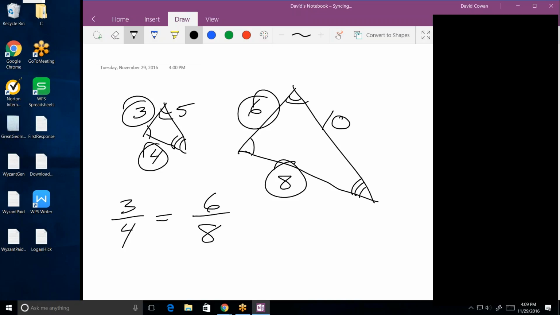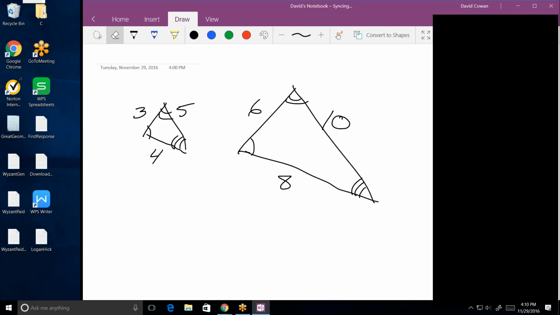Any confusion that exists with similarity usually arises from this property: you can not only make statements about corresponding sides between the two triangles, but you can make statements about sides within the two triangles. You see what I'm saying? In other words, I can come up with lots of proportions that are true as long as I know that two triangles are similar.